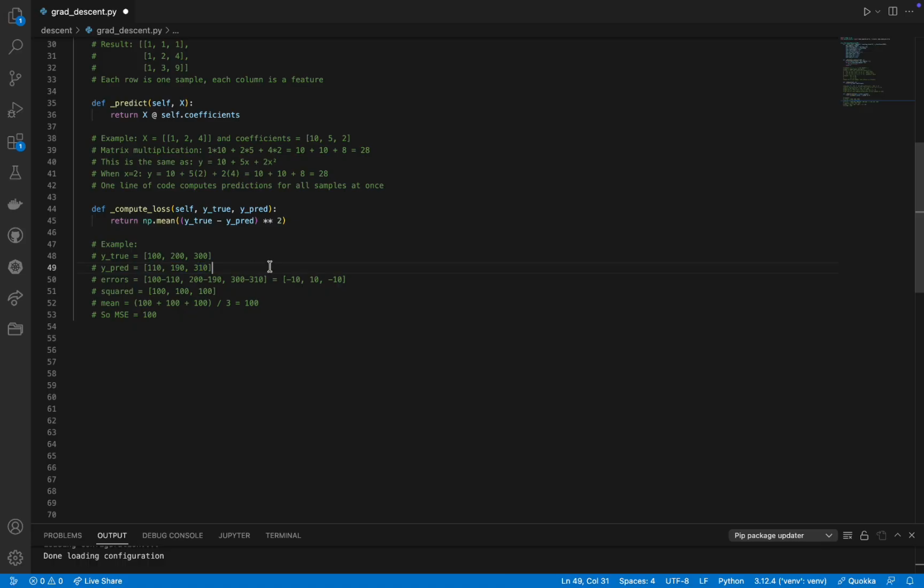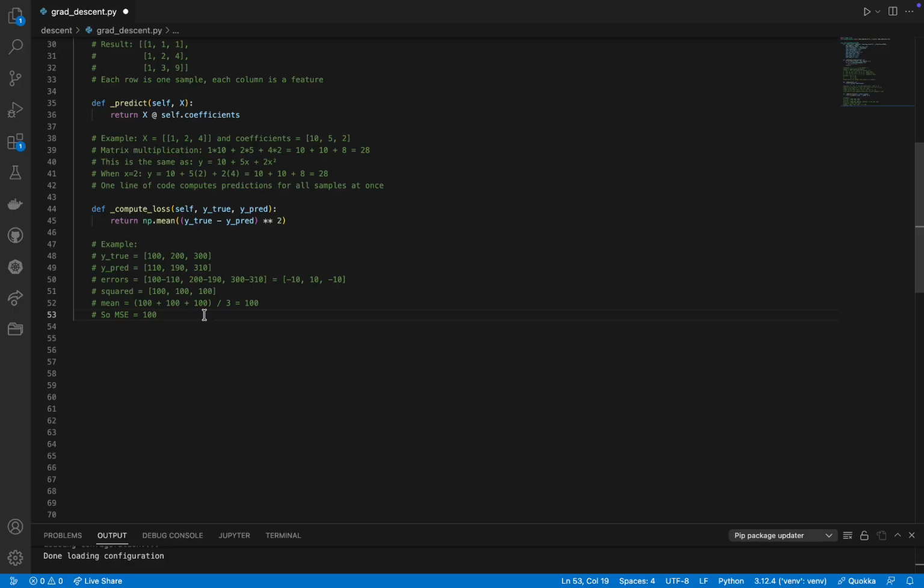The errors are 100 minus 110, which is negative 10, 200 minus 190, which is 10, and 300 minus 310, which is negative 10. Then we square each error. Negative 10 squared is 100, 10 squared is 100, and negative 10 squared is 100. Finally, we take the mean. 100 plus 100 plus 100 divided by 3 equals 100. So our mean squared error is 100.